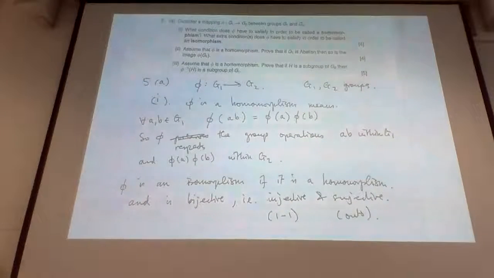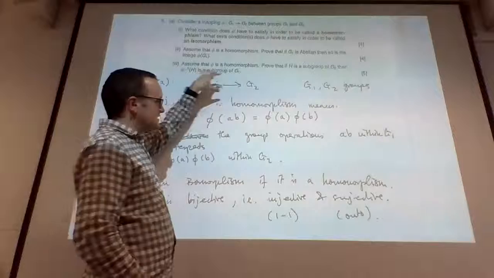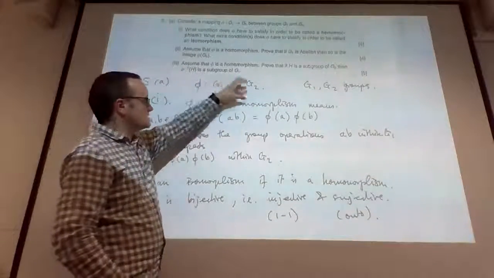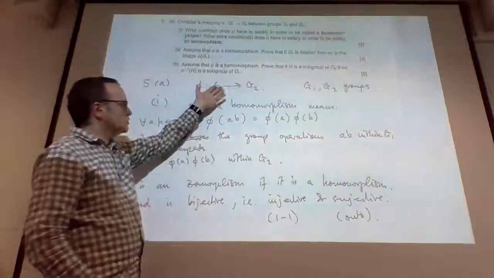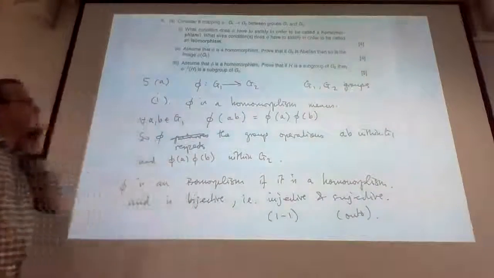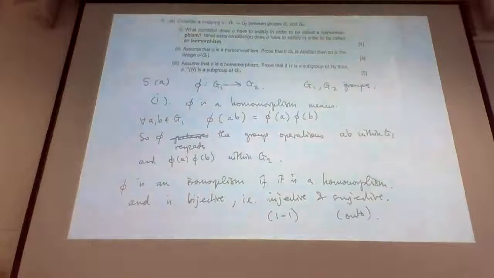All group stuff will map across under an isomorphism. Under a homomorphism, group stuff maps across all right, but sometimes it gets collapsed down because it's not injective. And some stuff within G2 will pull back as well. In fact, that's in part 3. So part 2 is an example of this kind of thing.